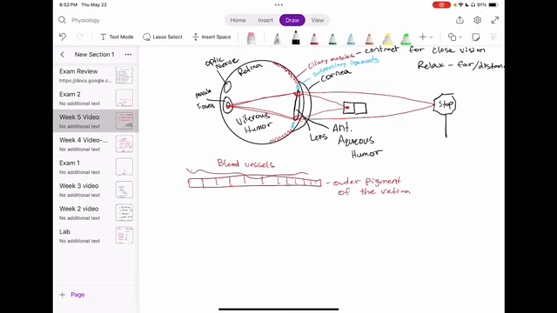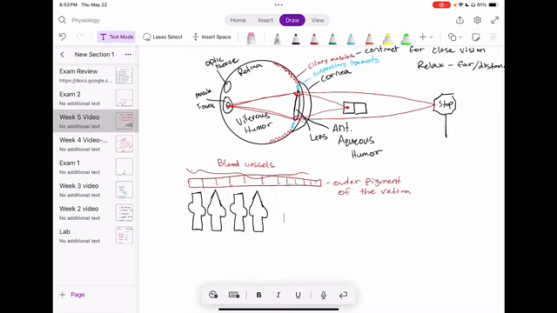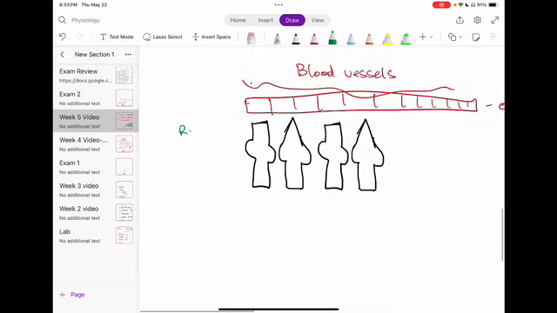And then next, we have these photoreceptors that we were talking about. Here's my best guess of what a rod would look like. Here's a cone. And then after that, we have rods, cones.